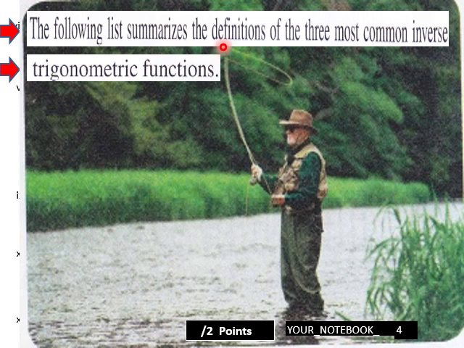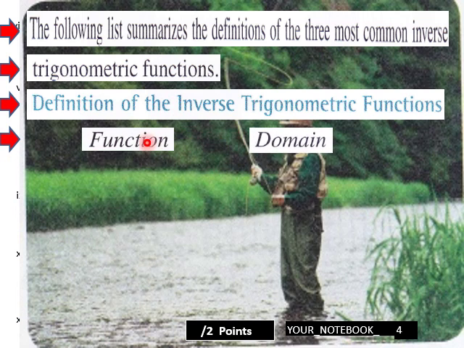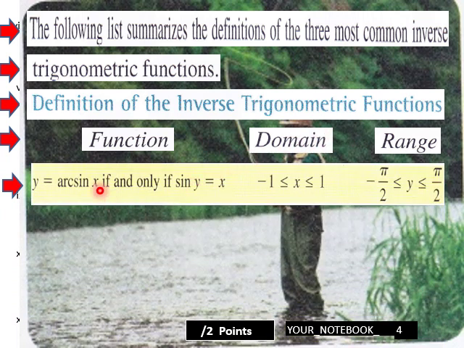The following list summarizes the definitions of the 3 most common inverse trigonometric functions. Definition of inverse trigonometric functions. We have the function, the domain, and the range. So y equals arc sine x if and only if sine y equals x, on this domain and on this range.